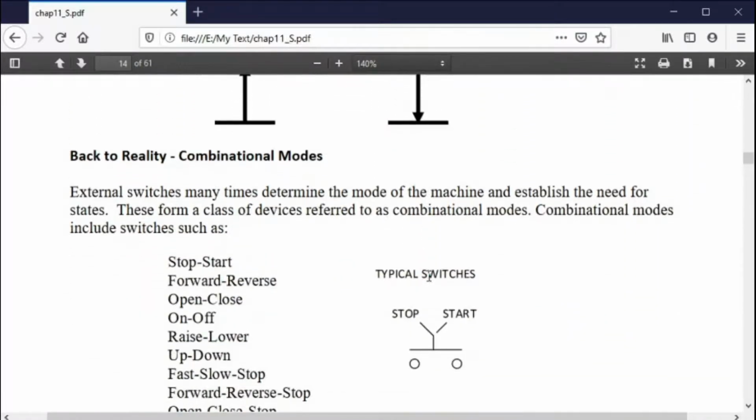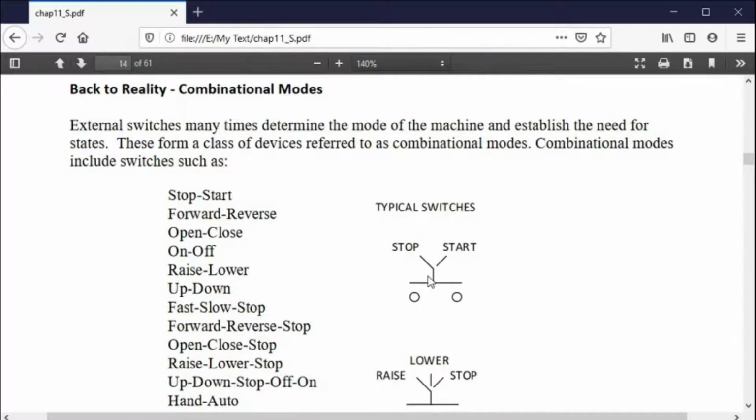So let's get back to reality. How do you know many times whether or not you need state diagrams? Well, the rule of thumb is this. If you come to a point where you think you need a switch for something in your logic, but you don't have that switch, and there's none provided, but you need to know, do I go left or do I go right?